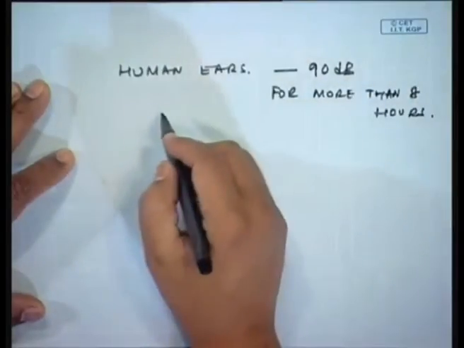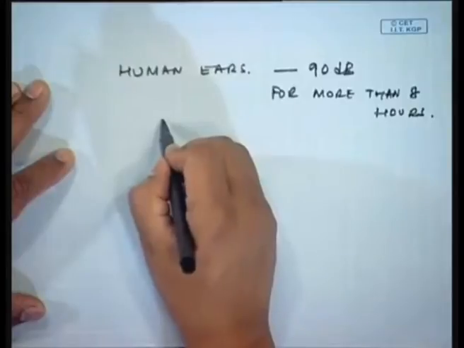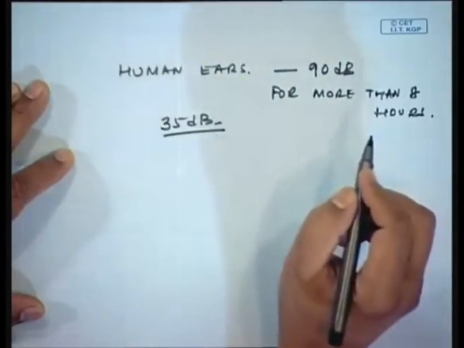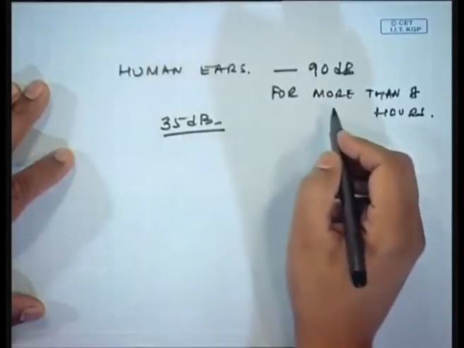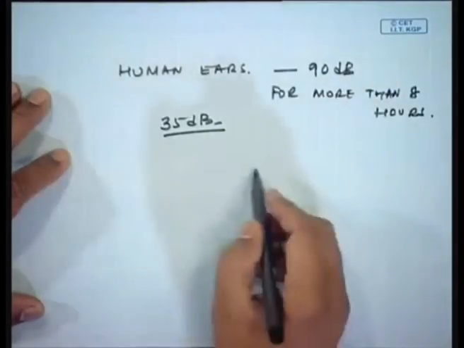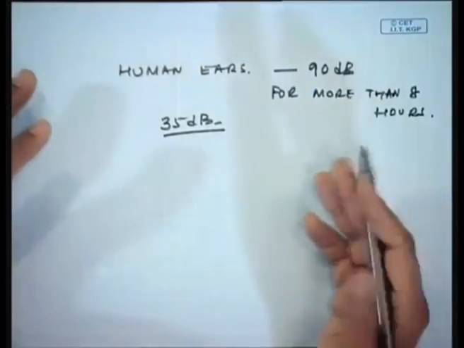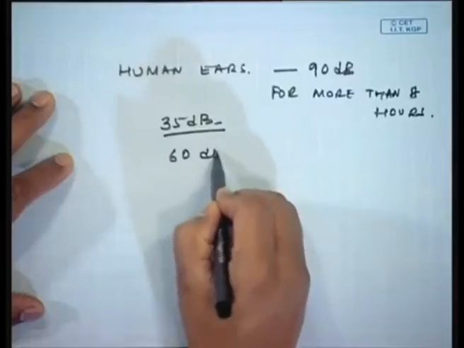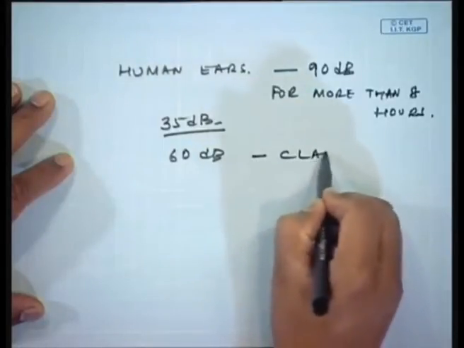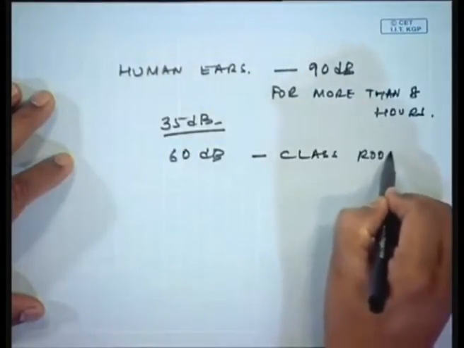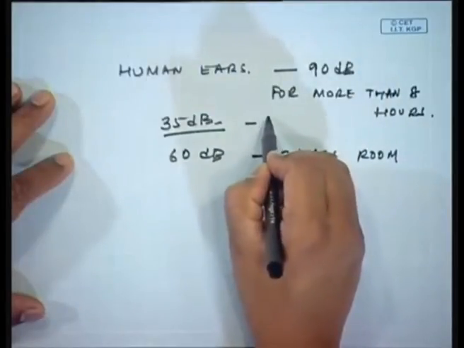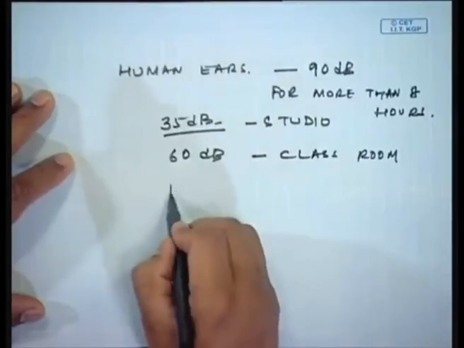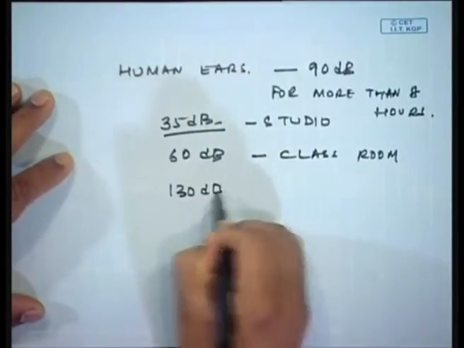If nobody was speaking, this level could be as low as 35 decibel in this recording studio, okay, the ambient noise level. Now, once somebody is speaking in a comfortable classroom, this could be about 60 dB in a classroom studio, and when an aircraft takes off, this could be about 130 decibel.